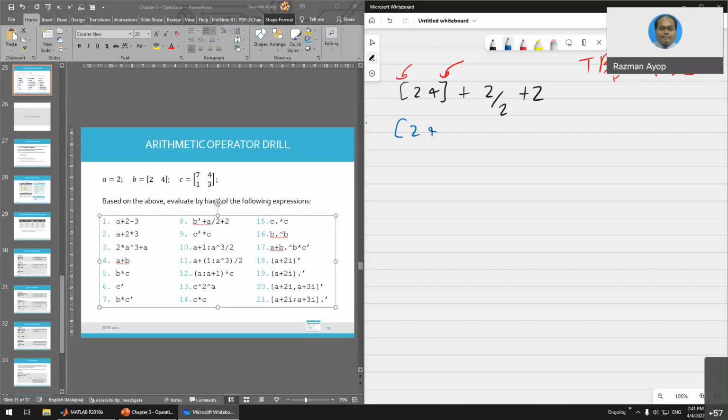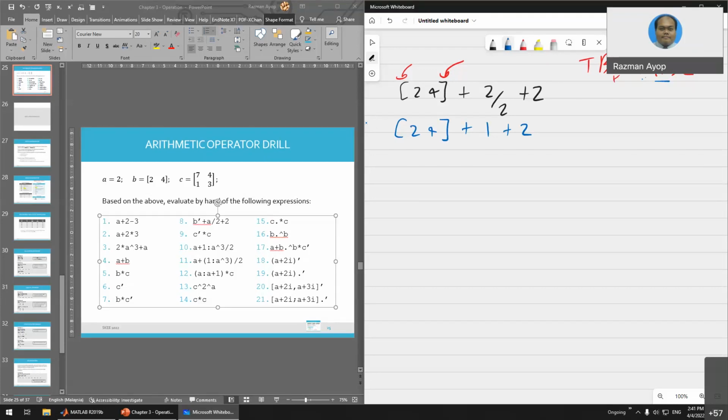So [2, 4], plus 2 divided by 2 is 1, plus 2. Now the rest is only addition and subtraction. So how to do this?